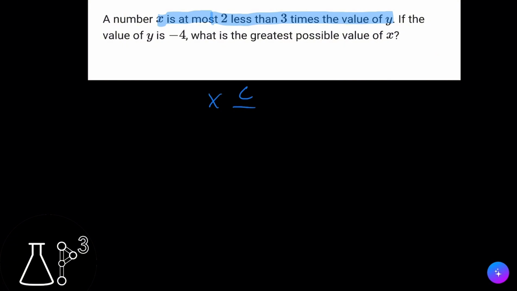We can write that as 3 multiplied by y minus 2, because 2 is subtracted from 3 multiplied by y. And then we're given that the value of y is -4, so we can write that as y equals -4.